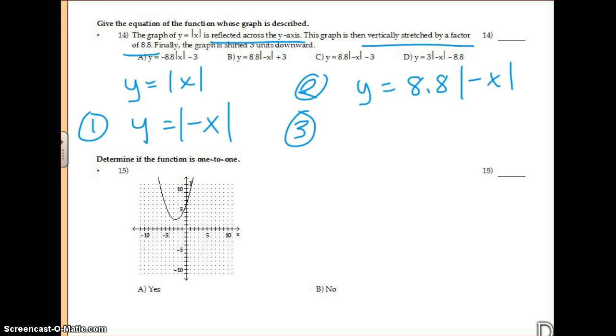And then the third thing it says is the graph is shifted 3 units down. When it goes up or down, anything that happens to the y coordinate is added or subtracted to the whole function. So we have y equals 8.8 times the absolute value of negative x, minus 3, which would be C.